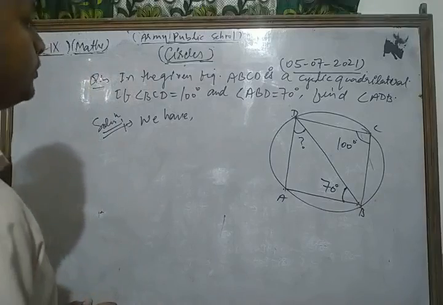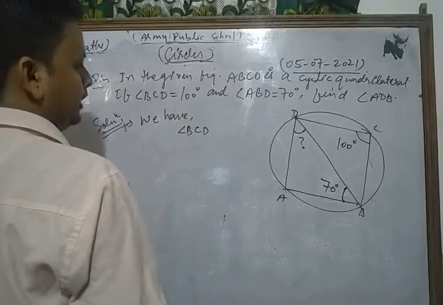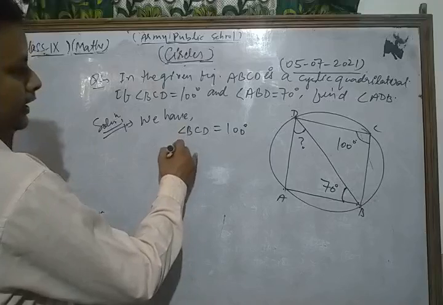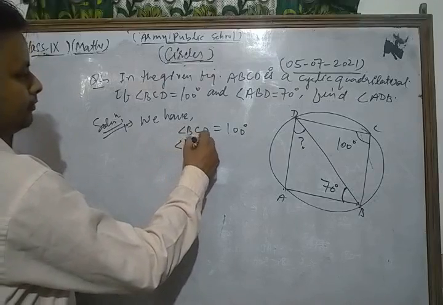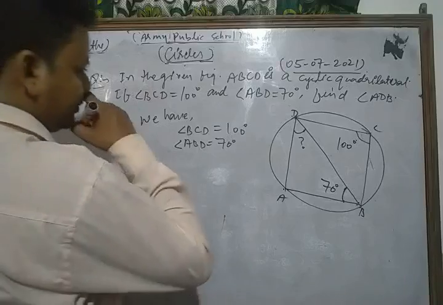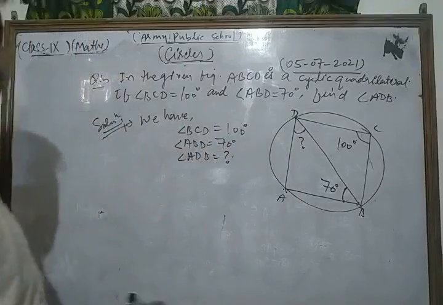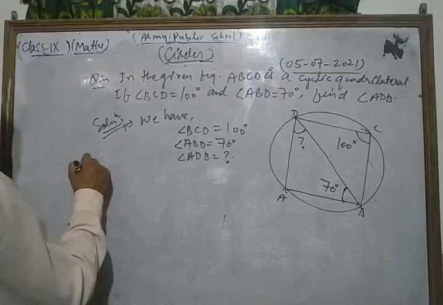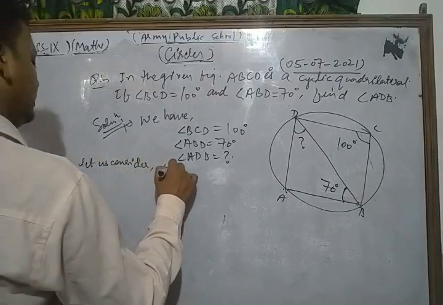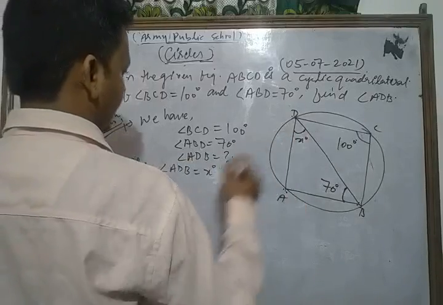Now look, we have angle BCD as 100 degrees and angle ABD as 70 degrees. We find angle ADB. So let us consider angle ADB is equal to x degrees.